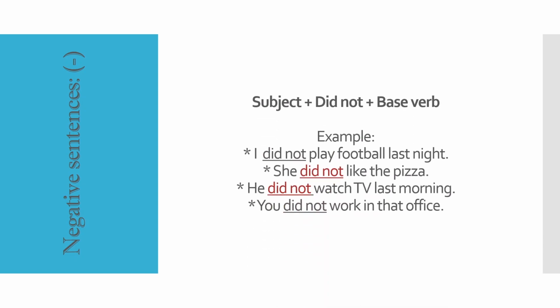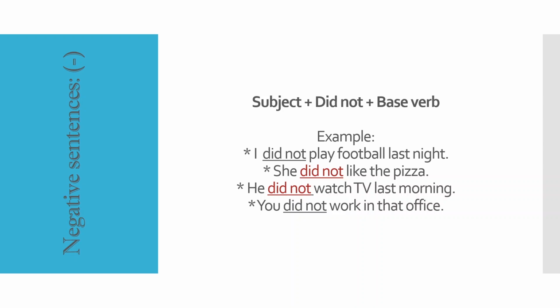But what about negative sentences? Here, we change the helping verbs. Let's look at some examples. Subject plus did not plus base verb. In simple present, we use do or does not. But here, we change do and does to did.